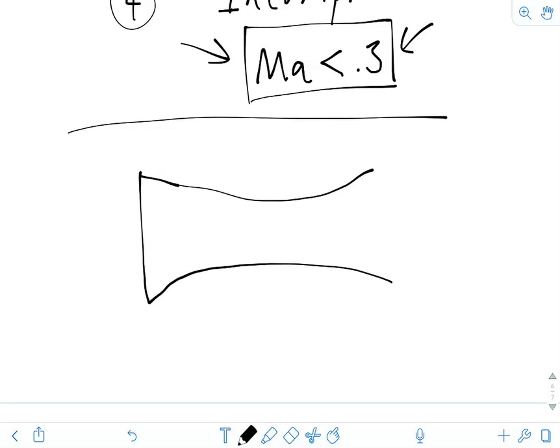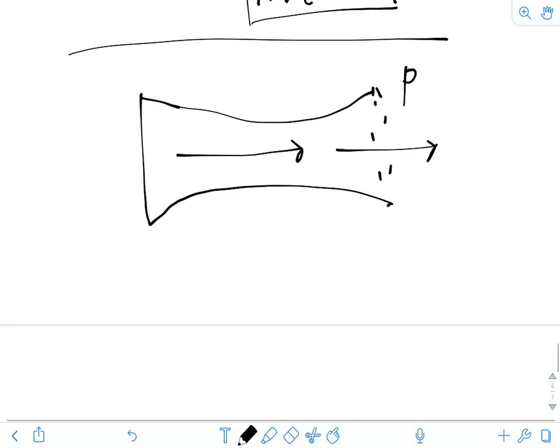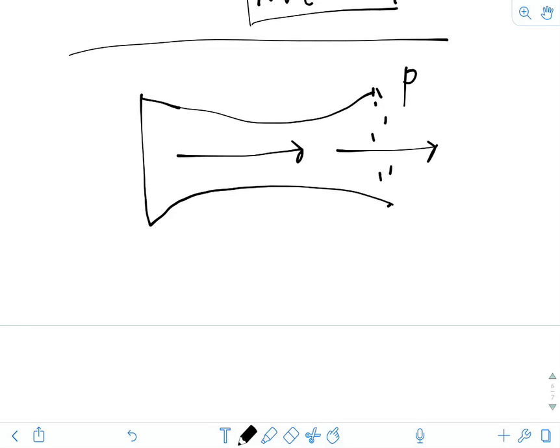For example, flow out of this rocket nozzle, to make this thing propel. What do we know about the pressure at the exit? If you're not given the pressure at the exit, then you may assume P at the exit is equal to P atmospheric. For most of these kinds of devices, that is going to be true.